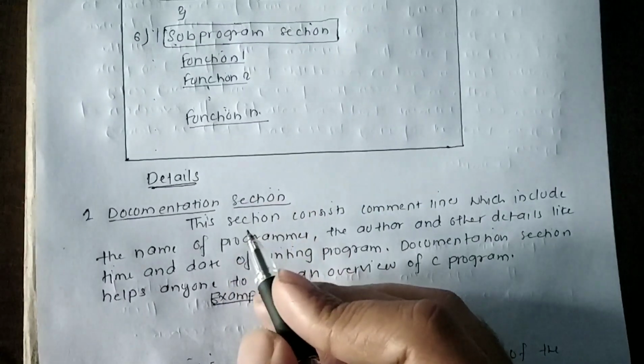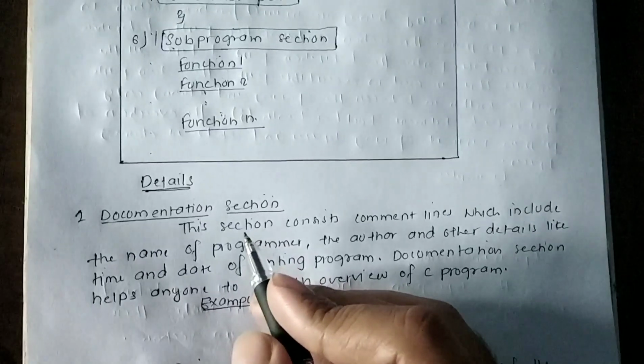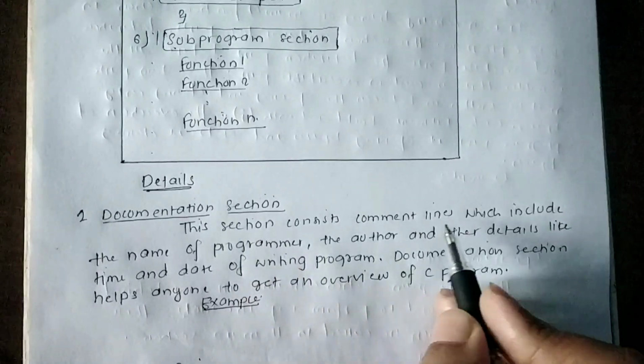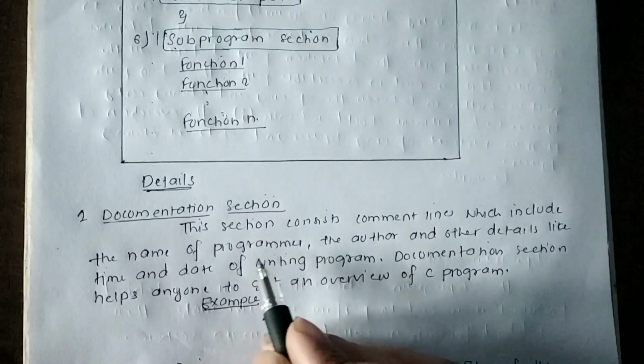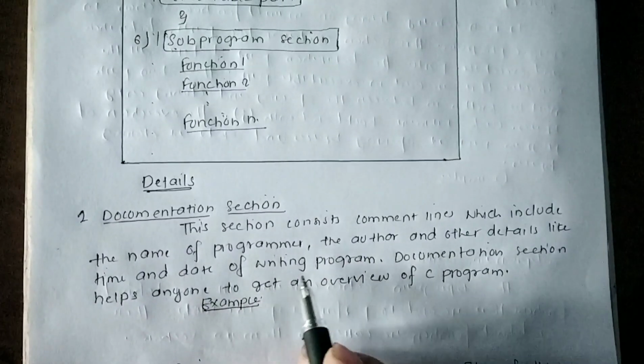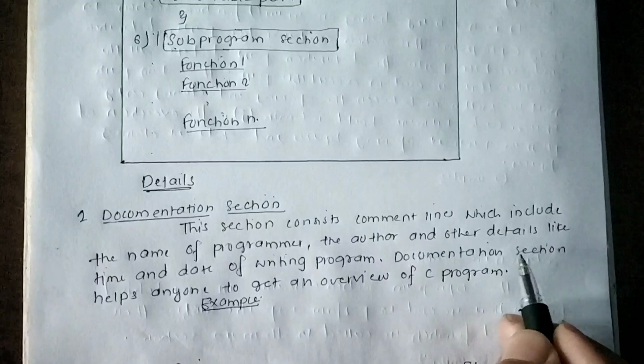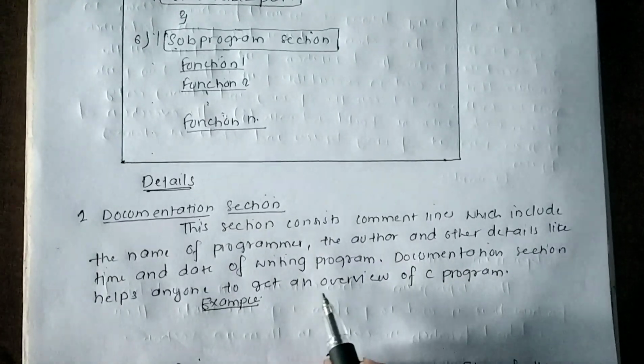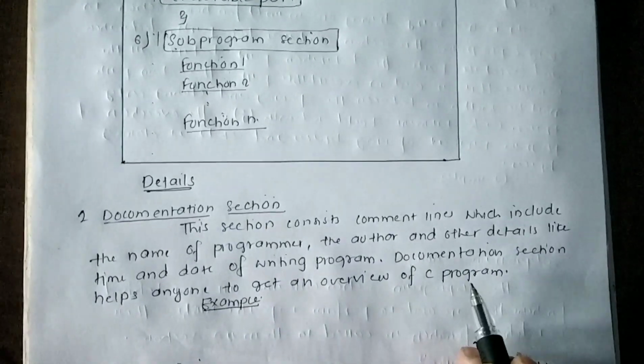First comes documentation section. This section consists of comment lines which include the name of the programmer, the author and other details like time and date of writing the program. Documentation section helps anyone to get an overview of the C program.